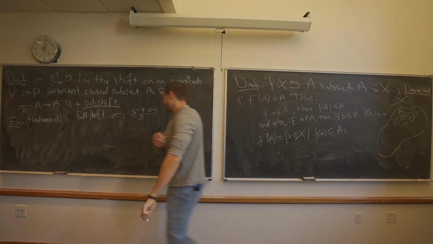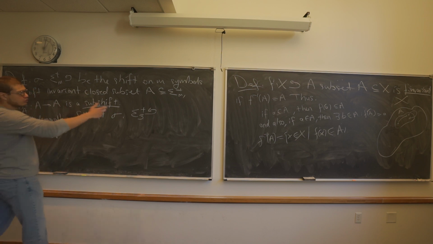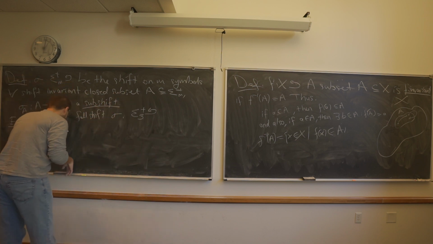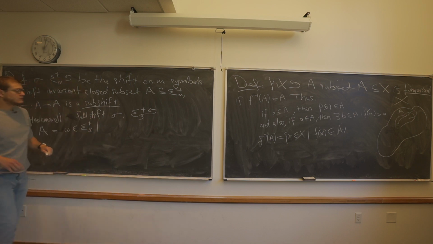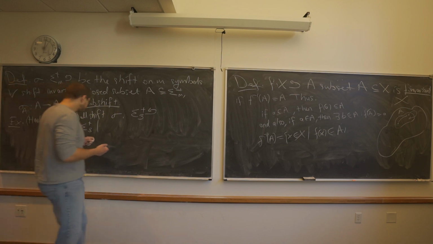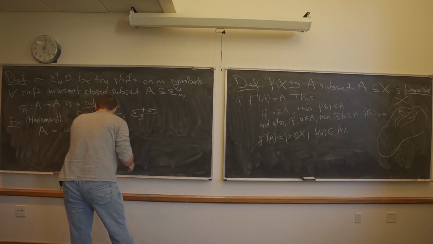And then let me define A to be the set of all those omegas such that no two consecutive terms of omega are the same.